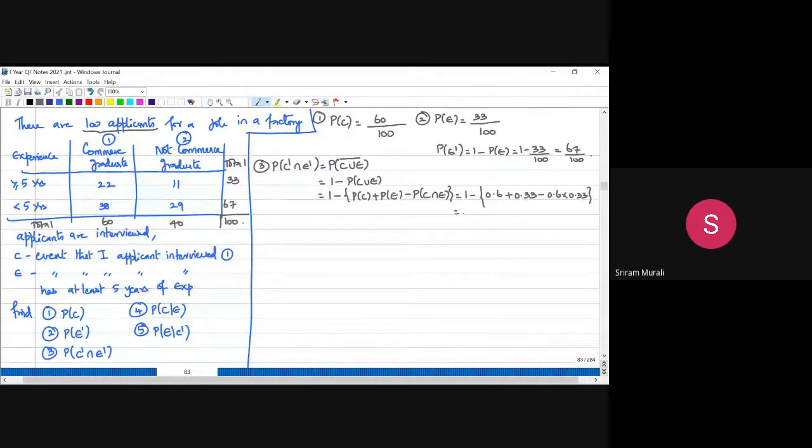What is the net answer? Can you calculate and tell me? Do you get the same 0.29 that I got here?